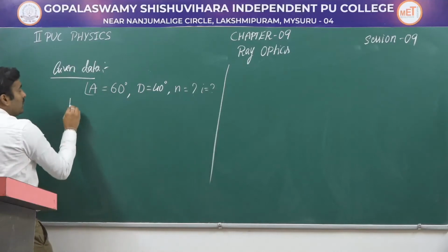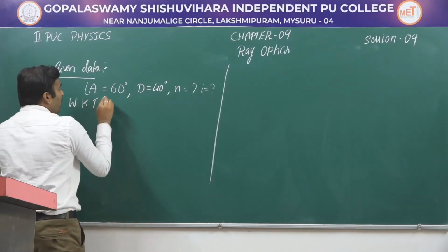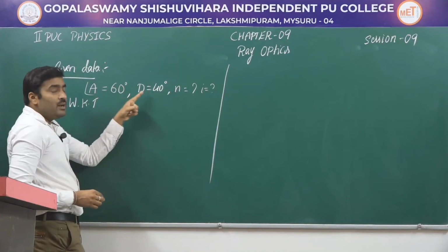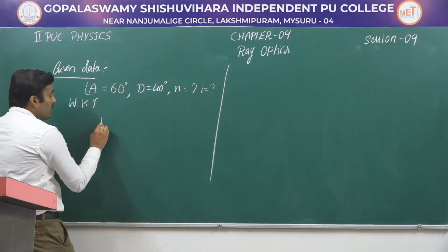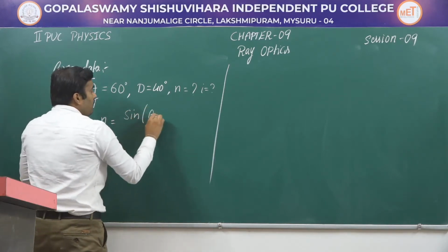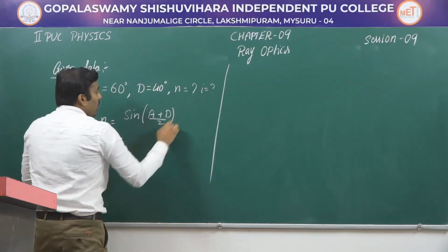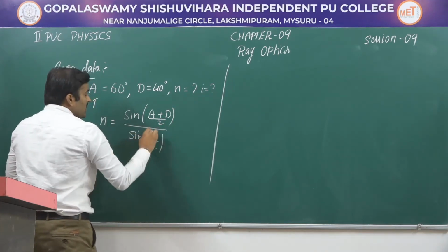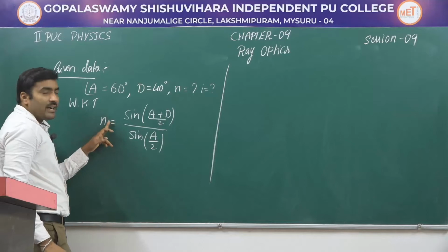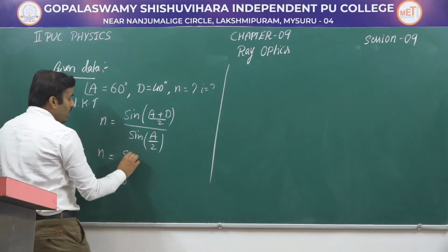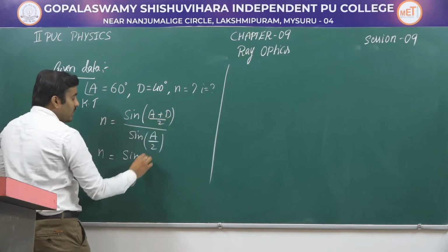We know that we have a formula relating the refractive index, angle of the prism and angle of minimum deviation. So what is that equation? n is equal to sine of (A plus D) by 2 whole divided by sine of A by 2. So this is the formula for finding the refractive index of the prism. Let us substitute the values. n is equal to sine of (A plus D) by 2.